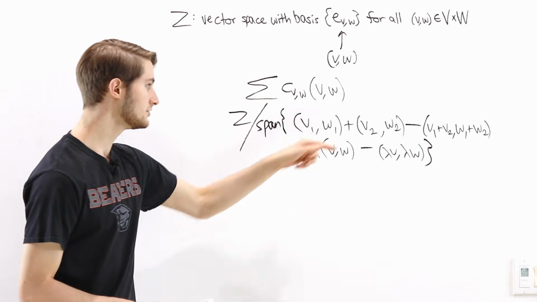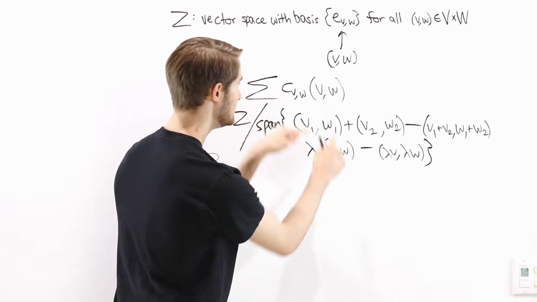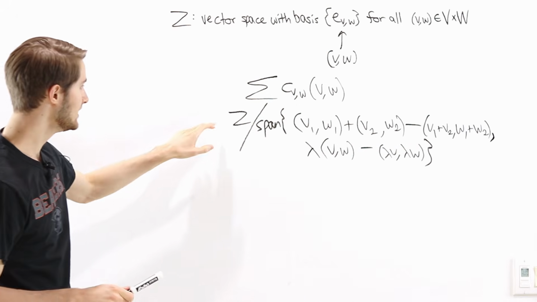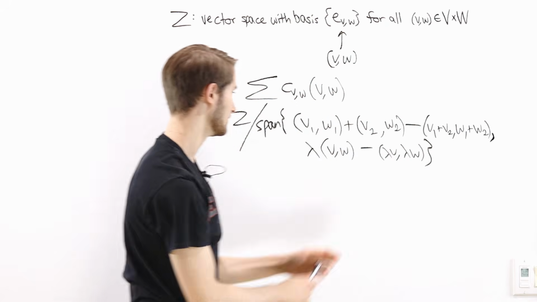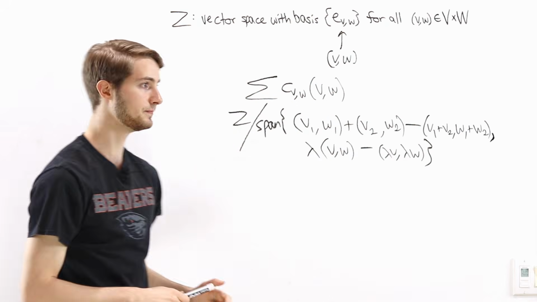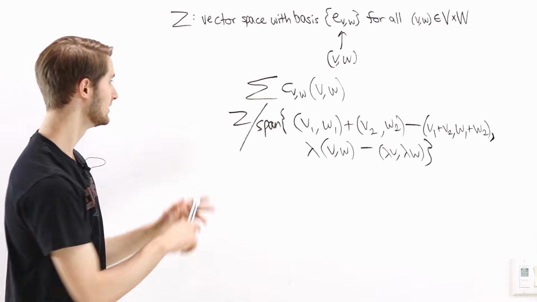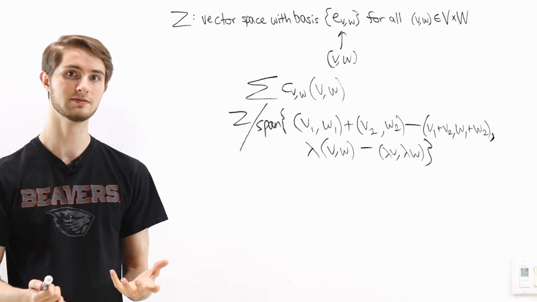The span of these two vectors is the set of all linear combinations of these two vectors. And if we do that, inside of this quotient space, this and that are equal. So this, in fact, is the direct sum vector space. This is how we use relations to get vector spaces out of Z.